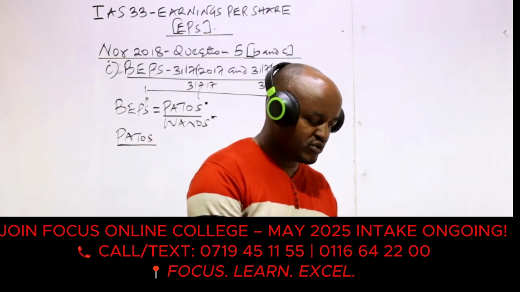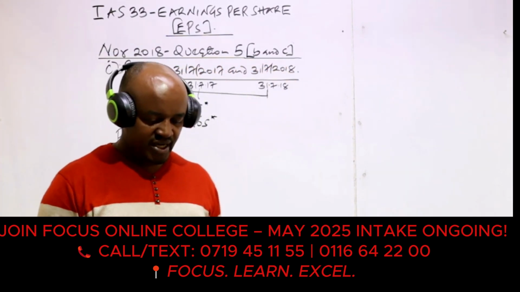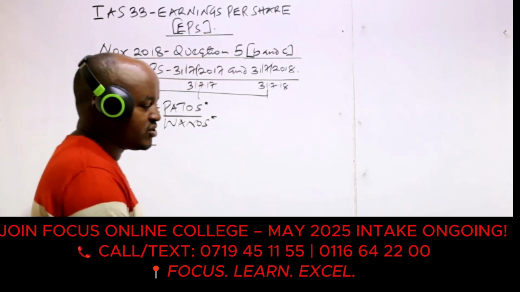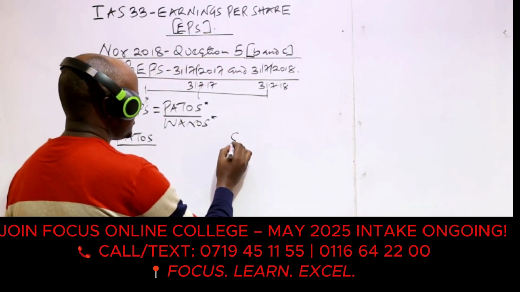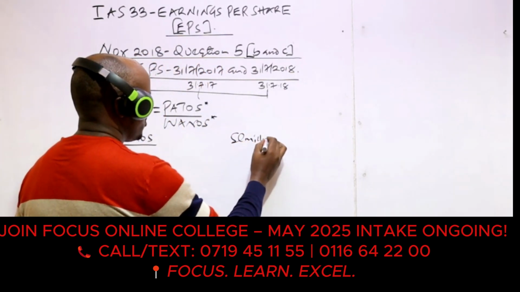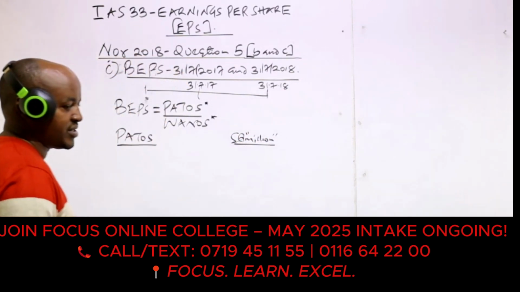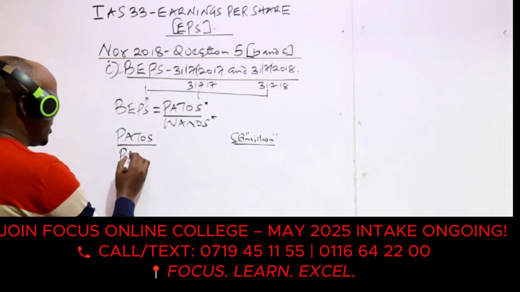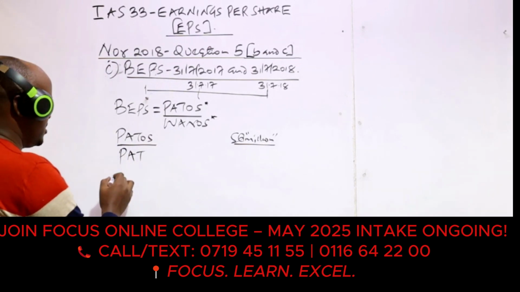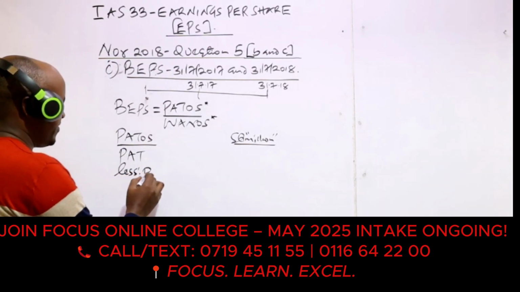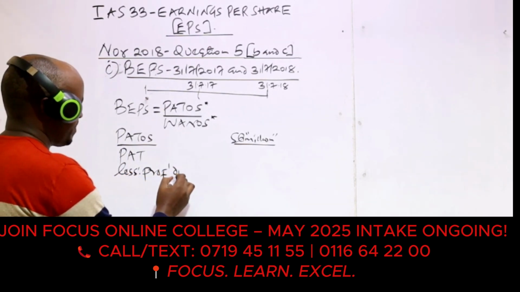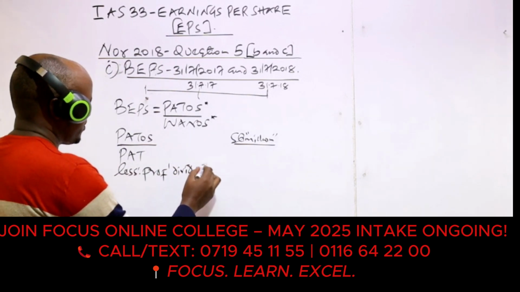If you remember what we discussed in our previous session, to compute the profits attributable to ordinary shareholders, popularly known as PATOS, we take the company's profit after tax. To this, we less the preference dividends for the current year.